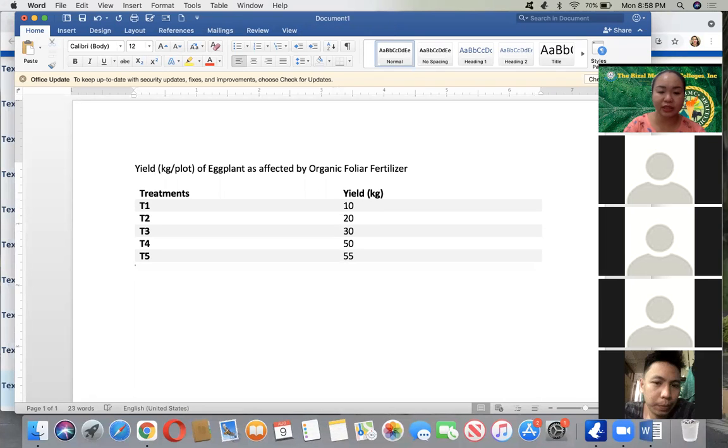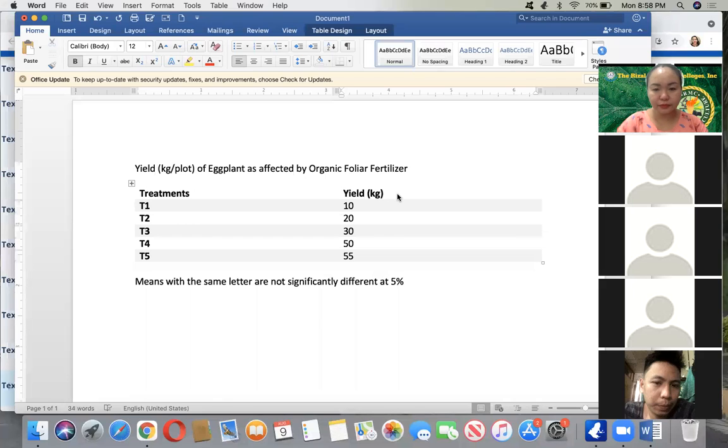You will say means with the same letter are not significantly different at 5% level of probability using HSD, honestly significant difference test.